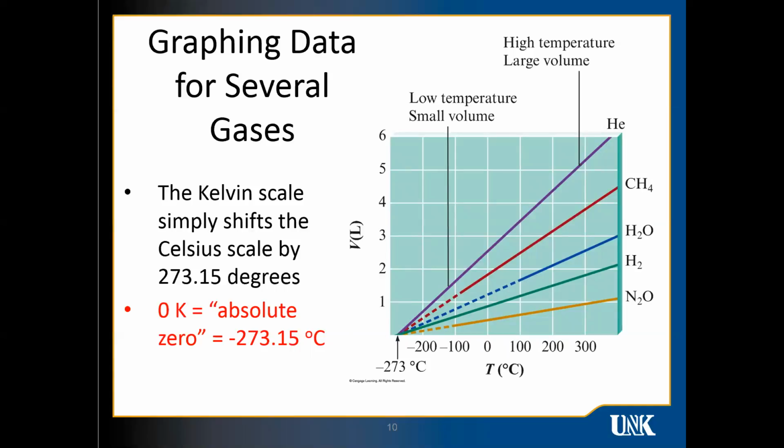Now, of course, in actuality, if you lower the temperature of a gas enough, you don't actually get zero volume because the gas liquefies. But in theory, you can extrapolate it to zero volume. And what scientists learned is that no matter what gas you study, they all extrapolate to the same temperature at volume zero. And it's this temperature that was defined to be absolute zero, negative 273.15 degrees Celsius.